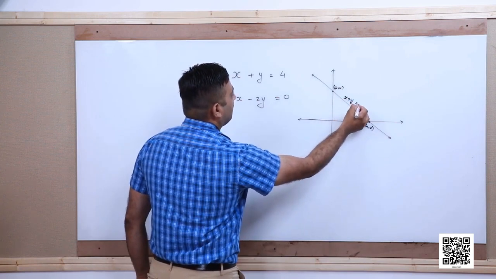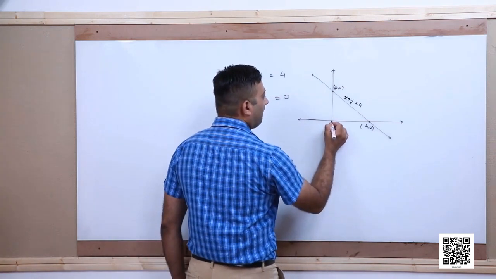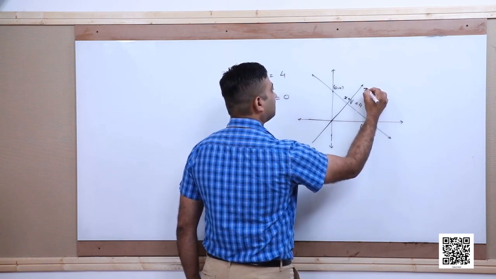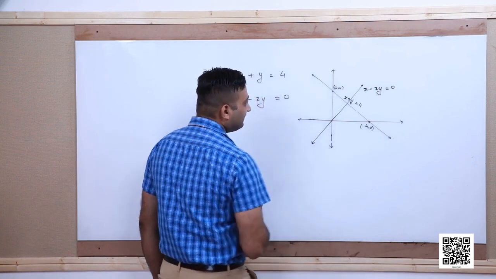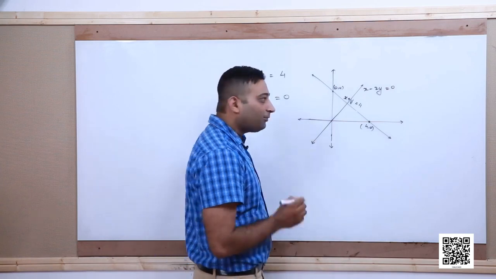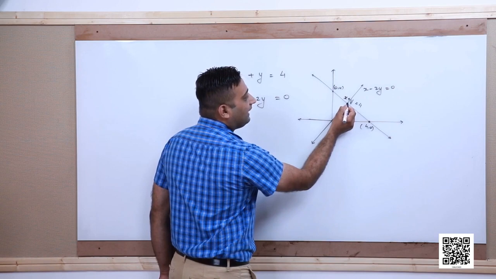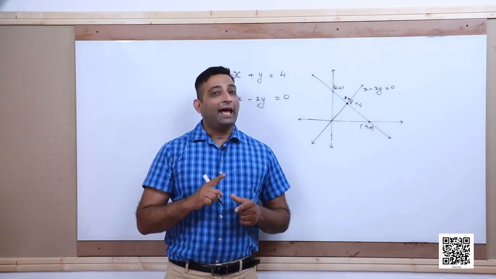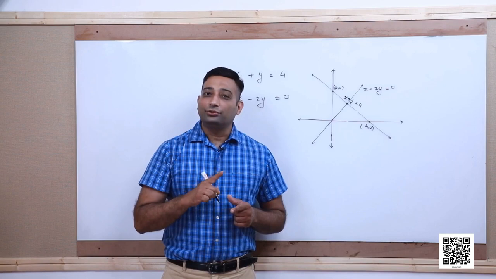The graph of the other equation, x minus 2y is equal to 0, will pass through the origin. It will look something like this. We can see that the graphs of these two linear equations, when plotted on the same graph, represent intersecting lines. That means these lines have a common point, so they have a unique solution.